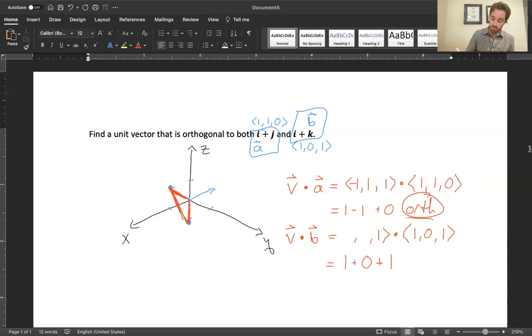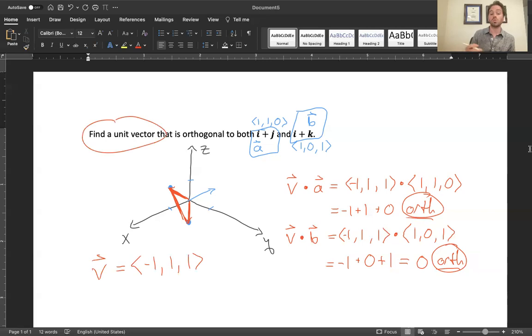And this becomes -1, 1, 1, and dot that with 1, 0, 1. That becomes -1 plus 0 plus 1, which is 0. And that's orthogonal. And it doesn't affect the first solution, because all that happens is that these 2 just reverse in order. It becomes -1 plus 1 plus 0, which is also orthogonal. So the solution here is that V could be -1, 1, 1.